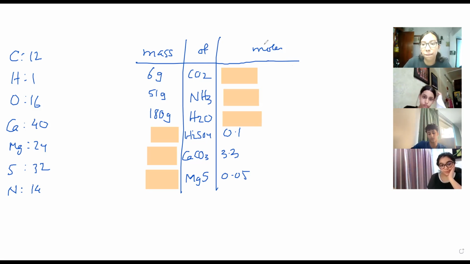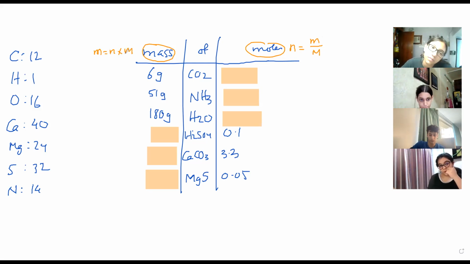Whenever you want to find the number of moles, remember the formula: number of moles is mass upon molar mass. So you need to divide the mass by the molar mass. And whenever you want to find the mass, the formula becomes mass is equal to number of moles into molar mass. If you remember one formula, you remember the other also. Just change the subject.